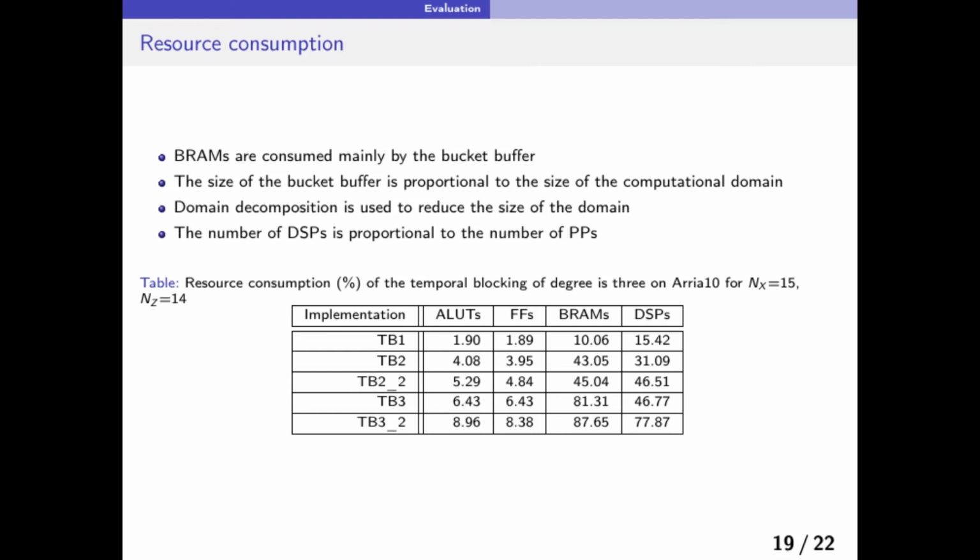The number of DSPs is proportional to the number of particle processing modules instantiated. The main resources used are the BRAMs and the DSPs. The main implementation is TB3-2, which makes use of most of the resources available.